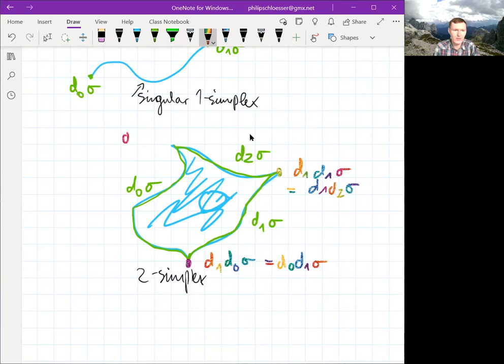And this thing is d0 of d0 of sigma, and also d0 of d2 of sigma. Just because things are defined weirdly, but somehow it works out.